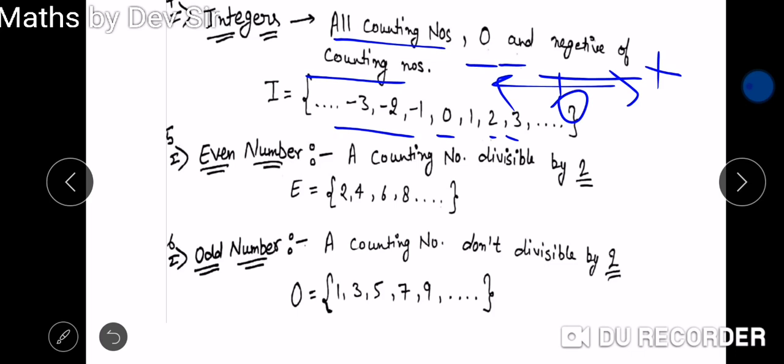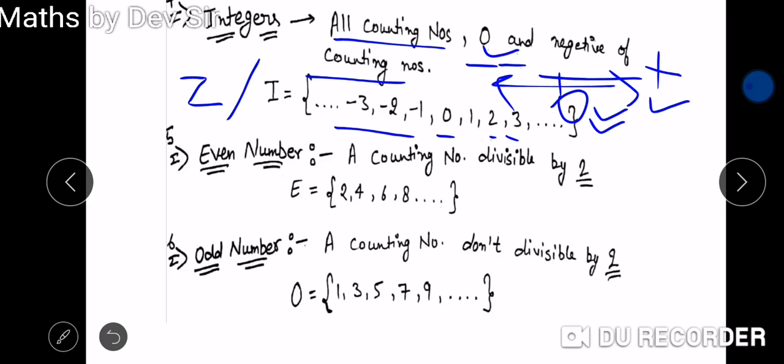So we can make another definition of integer numbers: all positive and negative numbers including 0 are known as integer numbers. So you can write this definition also. We denote integer numbers by I and Z also.